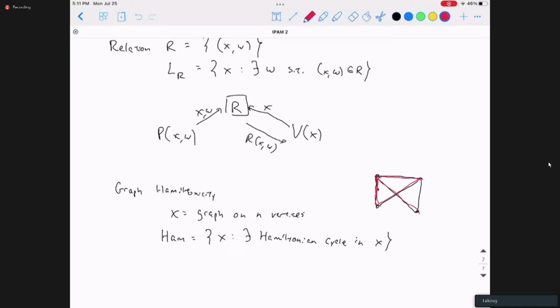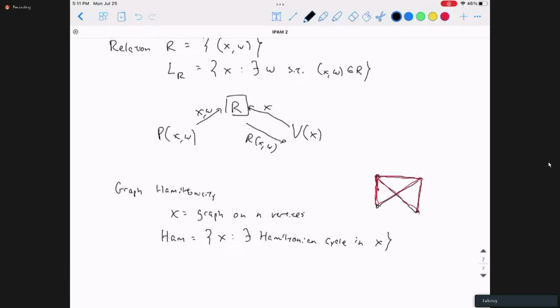I messed up. Well, this graph is an example of not having a Hamiltonian cycle. If I wanted to, I could just draw a cycle graph. But basically, you have a Hamiltonian cycle if you have a sequence of edges such that you traverse every vertex once and then end up back at your starting point.